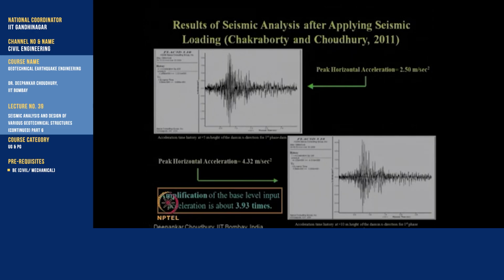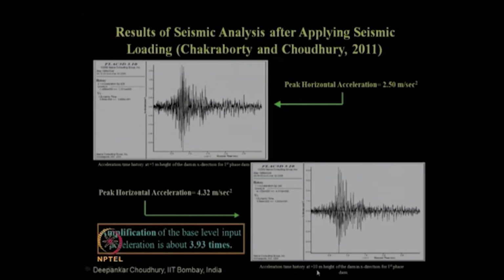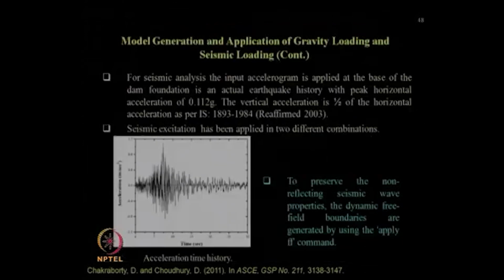in between at the center point of the tailing dam, and this one shows the acceleration time history at the height of 10 meter. That means, at the top surface or at the crest level of the tailing dam. Clear? So, what does it mean? It shows clearly that from the base input acceleration, which already we have seen over here, you will find out the PGA value over here. So, this is your input base motion.